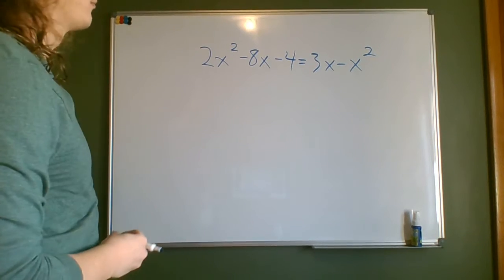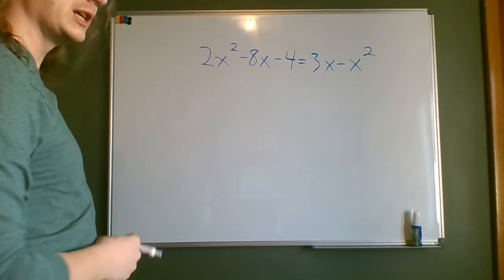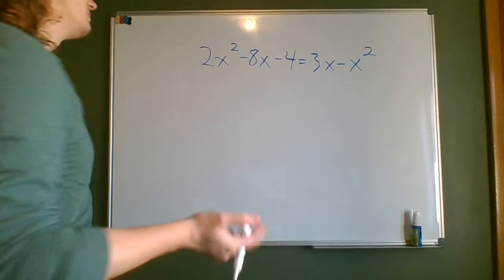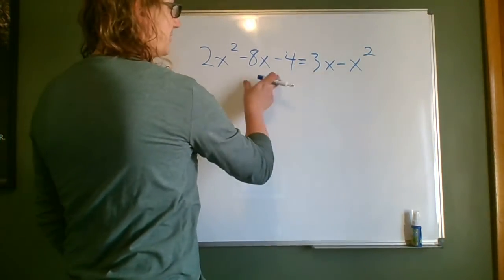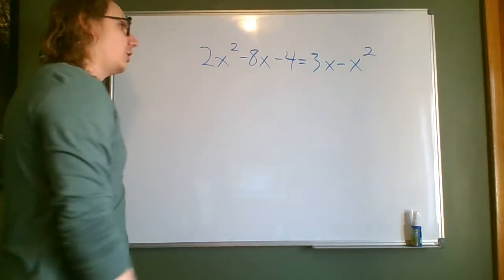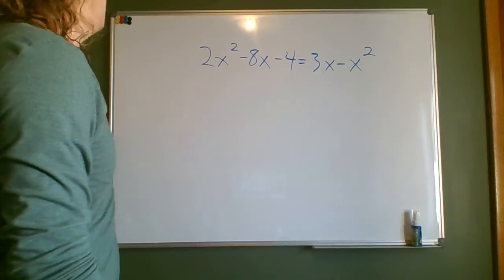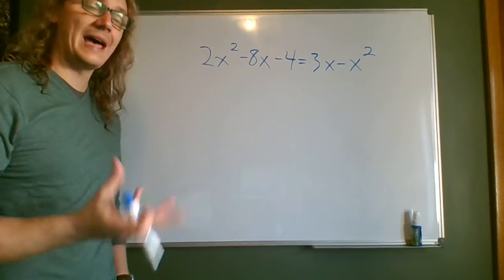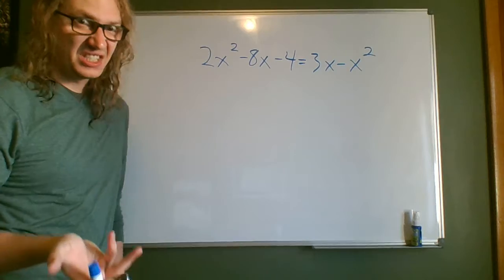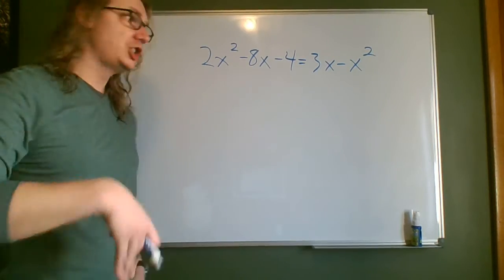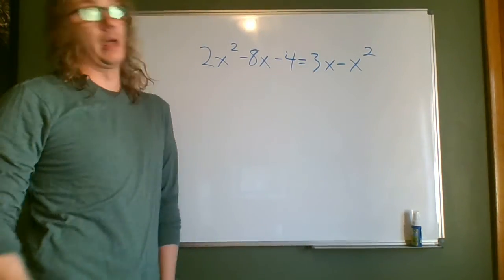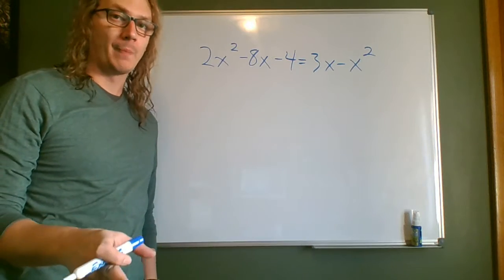Well, that is a pickle, because now it doesn't equal 0. Not only does it not equal 0, I've got variables on both sides of the equation. So this is messy for a whole bunch of reasons. But what we have to do is set the thing equal to 0. Now, we can't just drop everything on this side and say, well, now it equals 0, because that's a different equation.